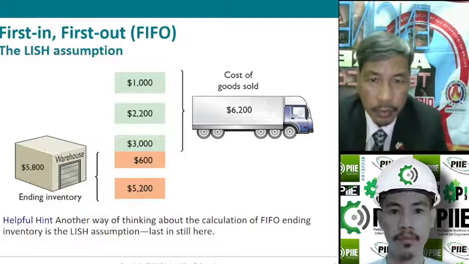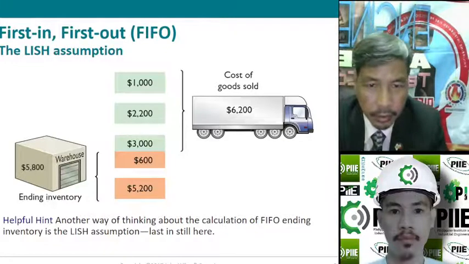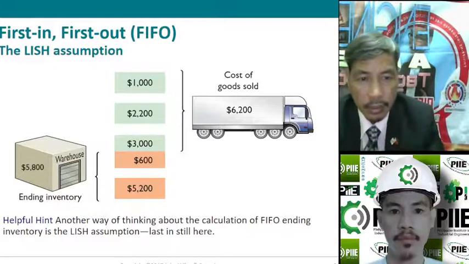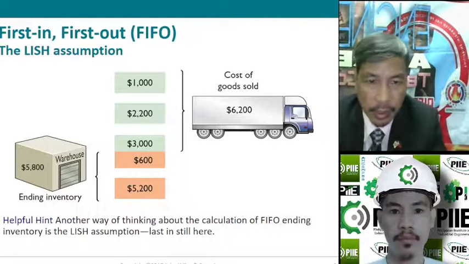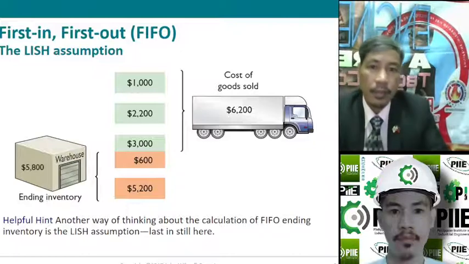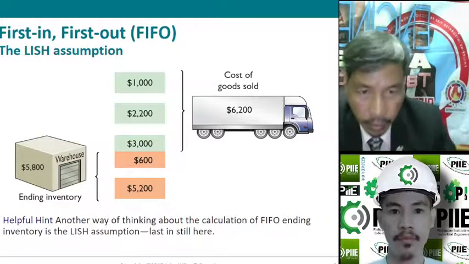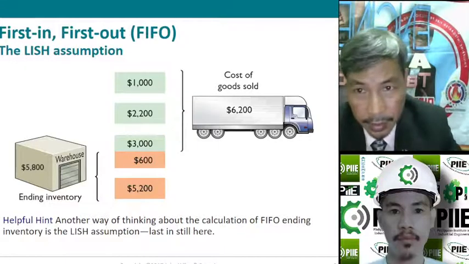The LISH assumption. Another way of thinking about the calculation of FIFO in the inventory is the LISH assumption. Last in, still here. Okay, so first in, first out, last in, still here. LISH.